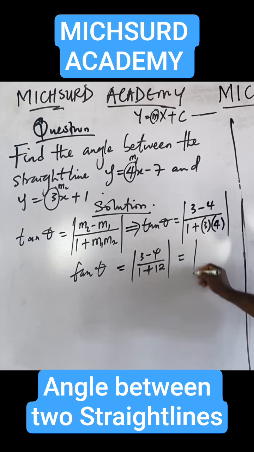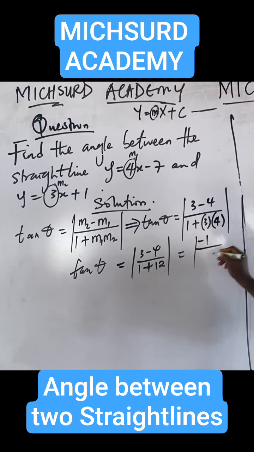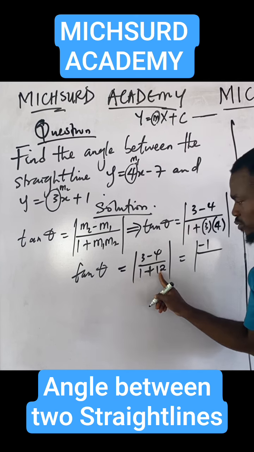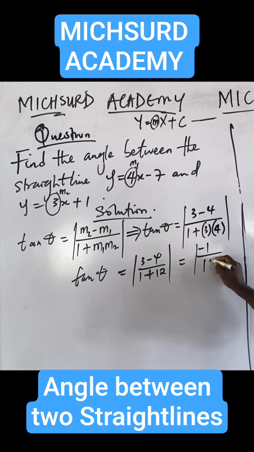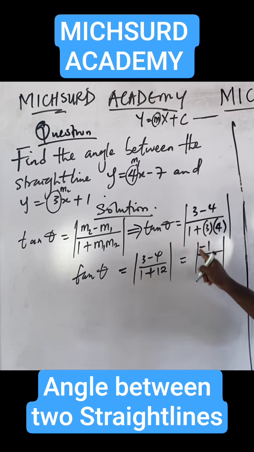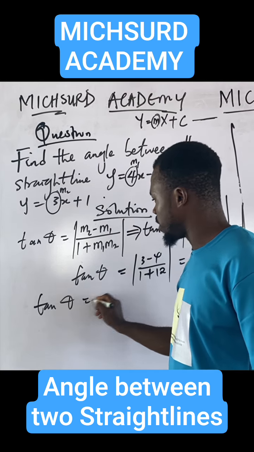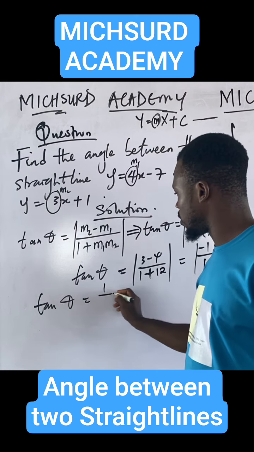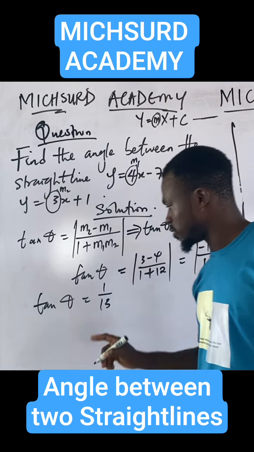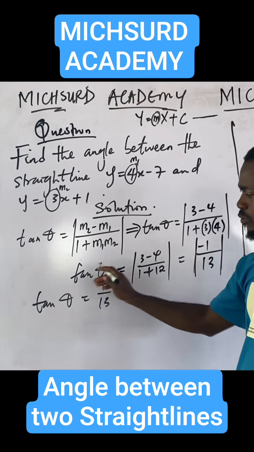If you solve further, you'll have 3 minus 4 is minus 1, all over 1 plus 12, which is 13. So we have the magnitude of this, and the magnitude means that the result must be positive. So tan theta will be equal to 1 all over 13, because of the magnitude sign, so you convert it to positive.